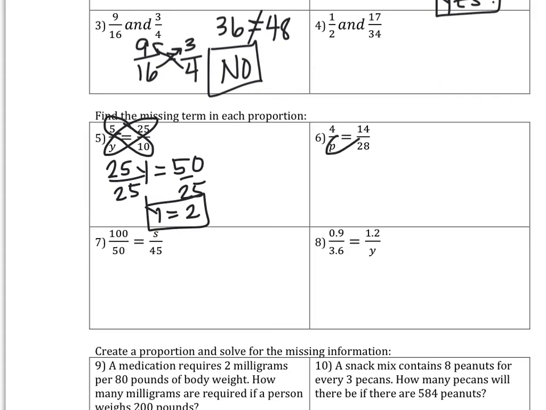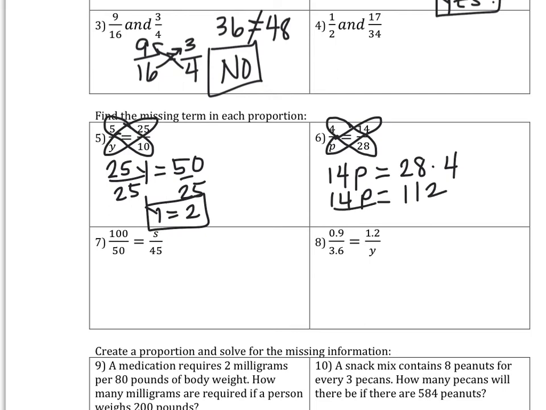Number 6, 14 times p equals 28 times 4. 14p equals 28 times 4, which is 112. Divide both sides by 14, and p equals 8.